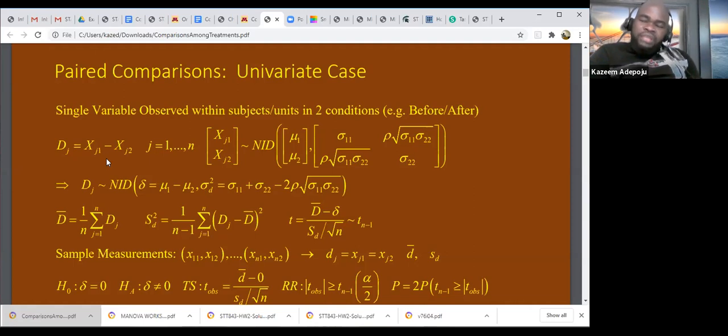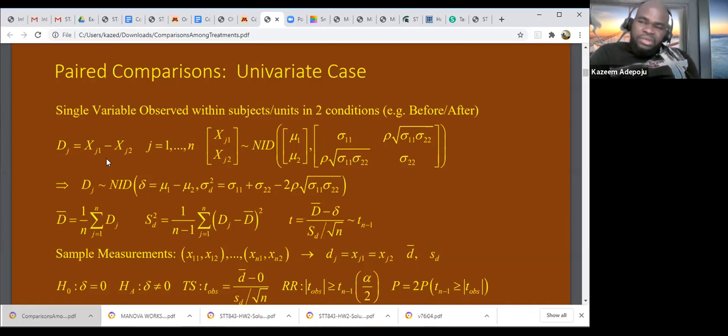Now, do you know that we can actually have a way to compare the performance of workers before the salary was increased and after the salary was increased, provided that we still have the same set of workers?